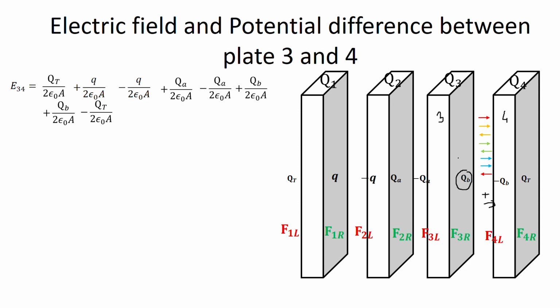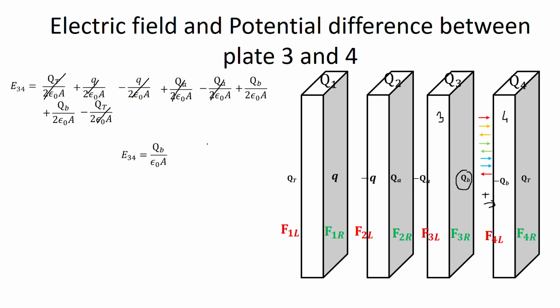Now again cancelling out positives and negatives, this minus QT and plus QT will cancel out, this plus Q and minus Q will cancel out, this plus QA and minus QA will cancel out. So net electric field is QB divided by epsilon naught into A, which we had guessed in the beginning.